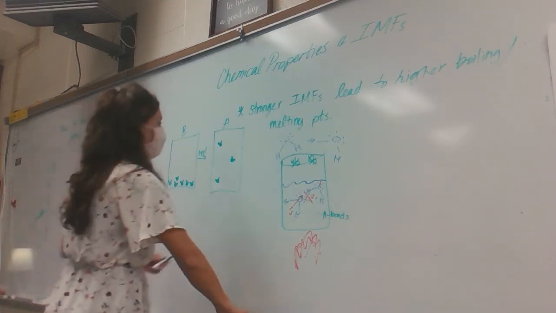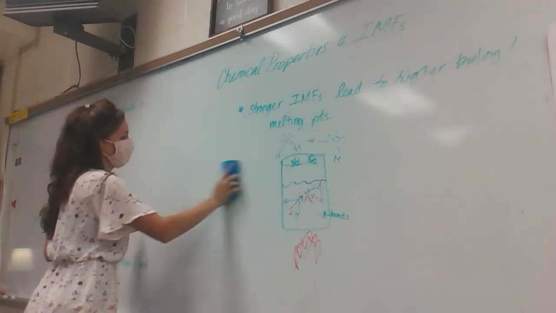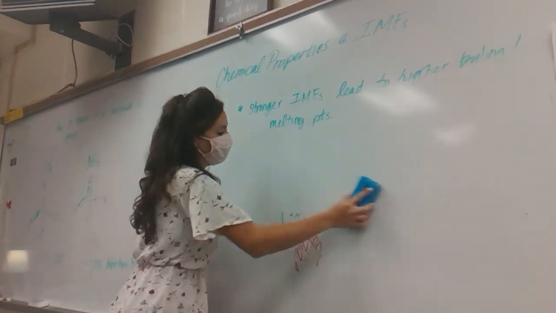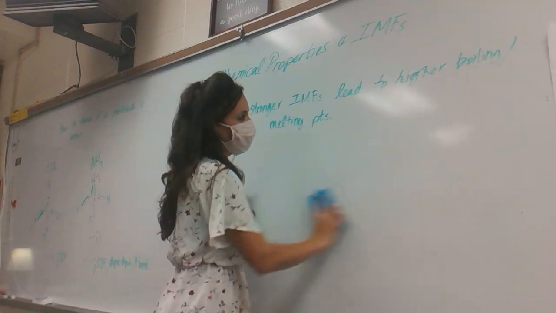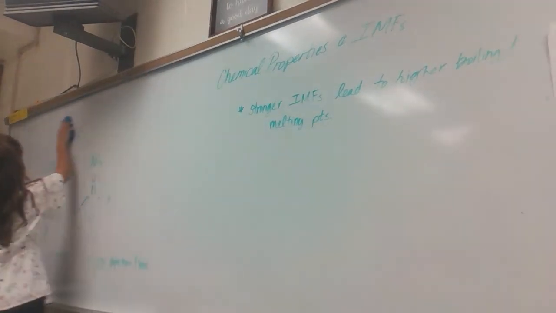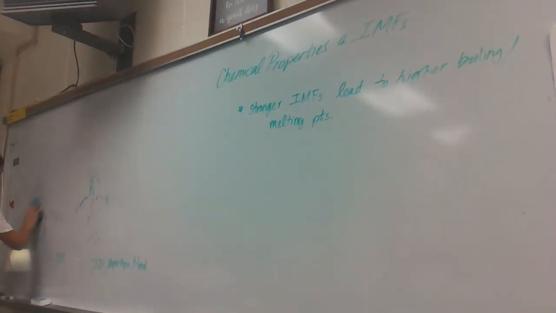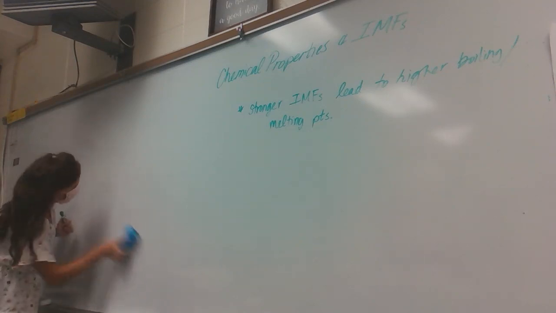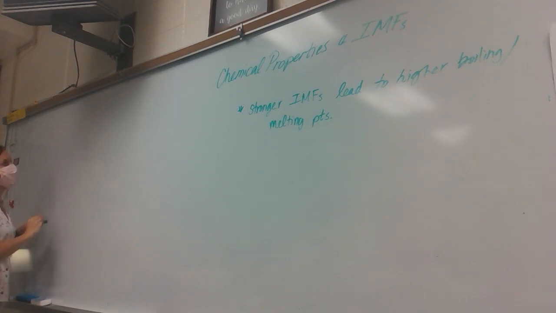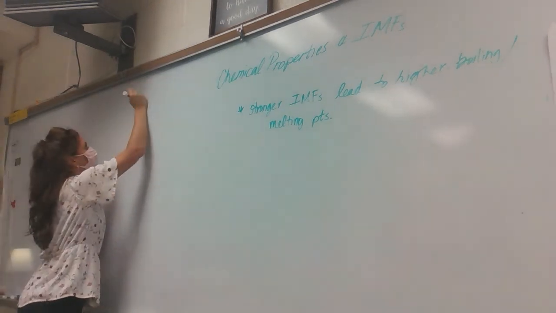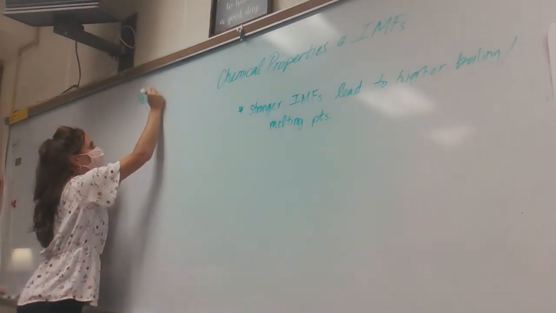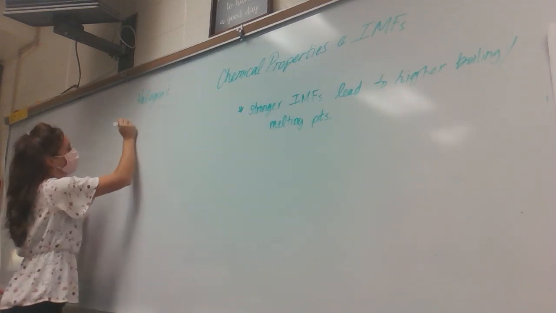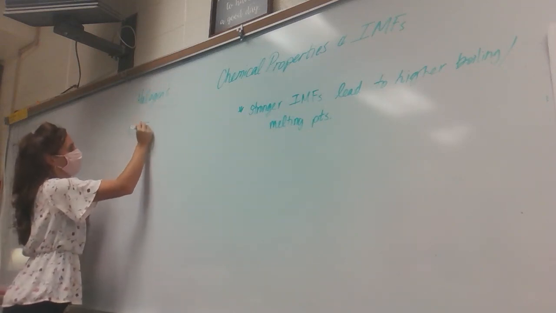All right, the last thing I want to talk about to bring all this together is the strength of these things and how we can compare them. So if we look at group 17, the halogens, the first one is fluorine.